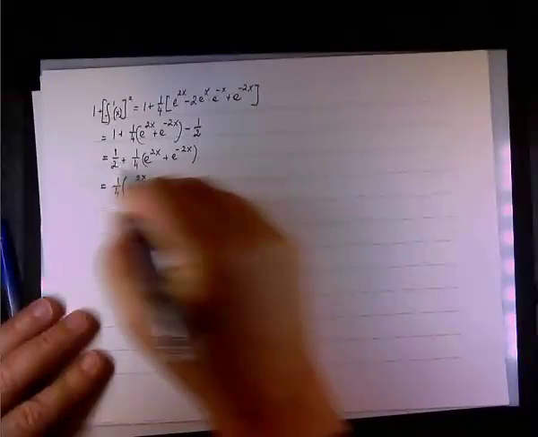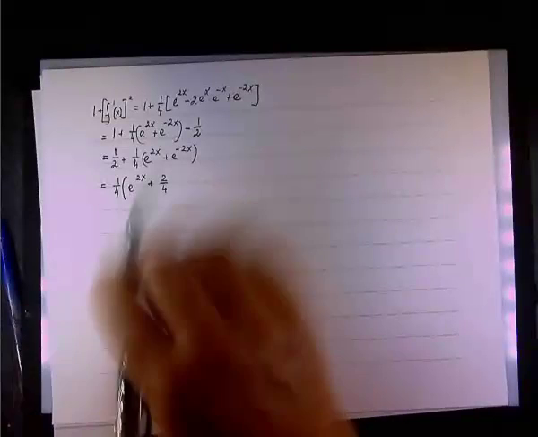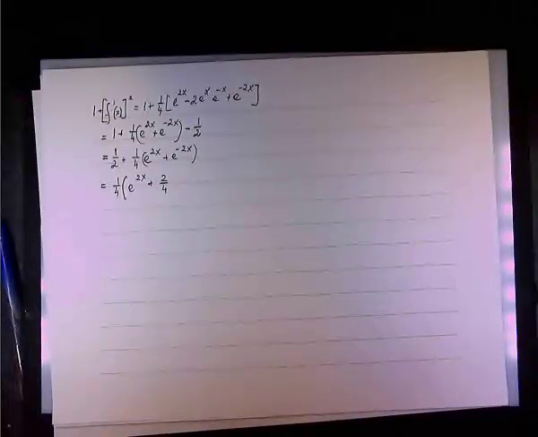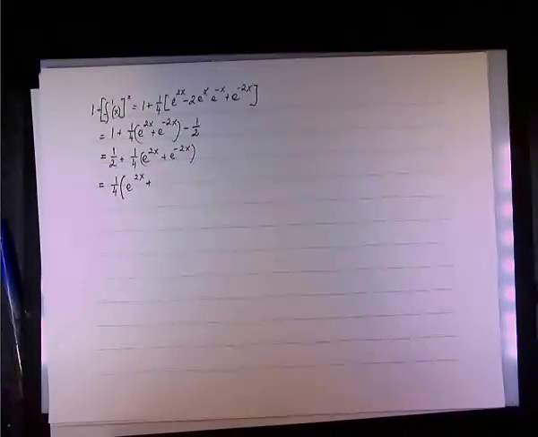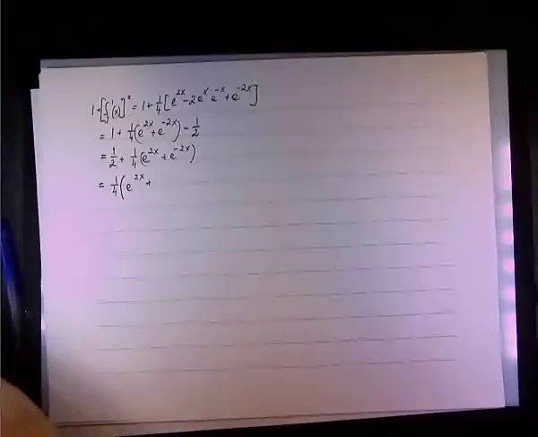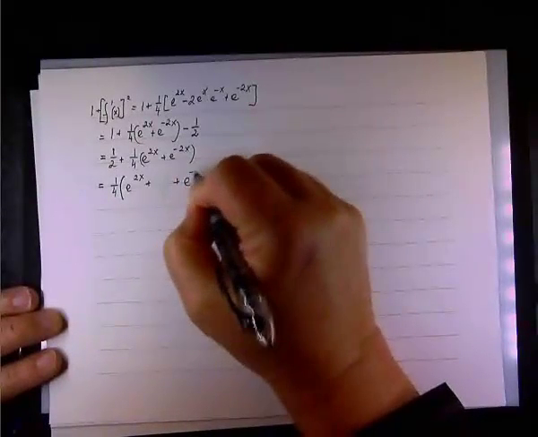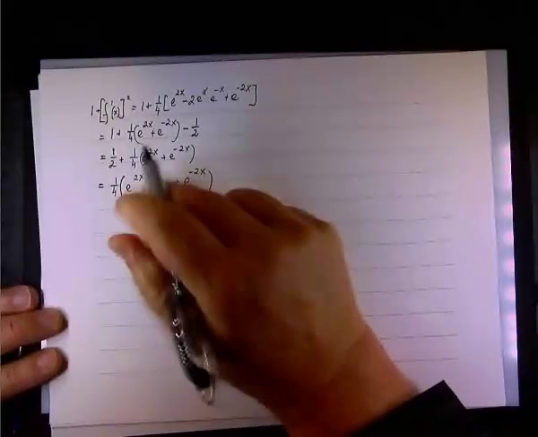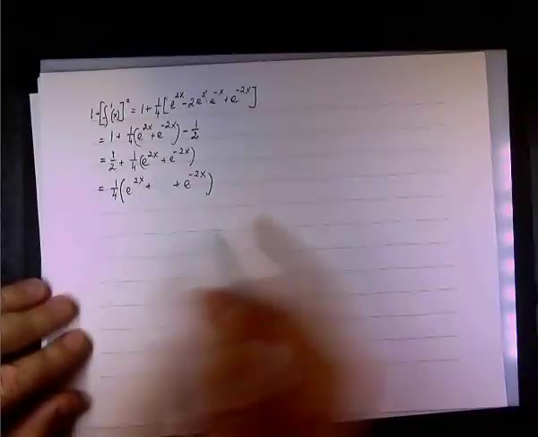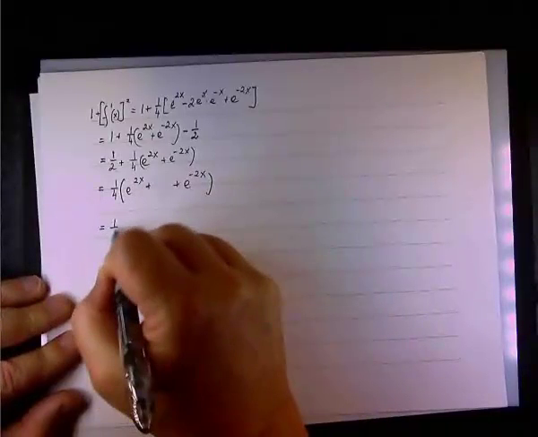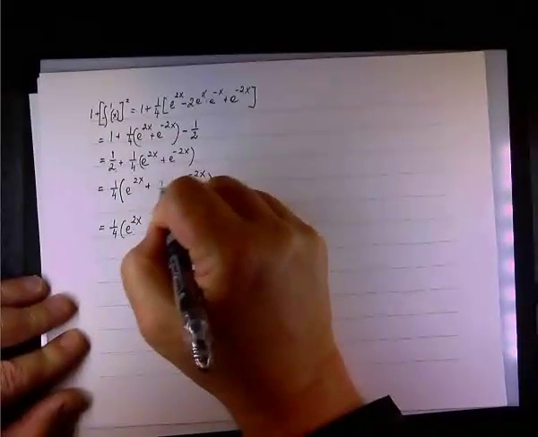So I'll write it as 1/4, and inside here I'll have e to the 2x plus 2, plus e to the negative 2x, the 4th is outside, okay? There is an invisible 2 right here, which will be visible in a second.